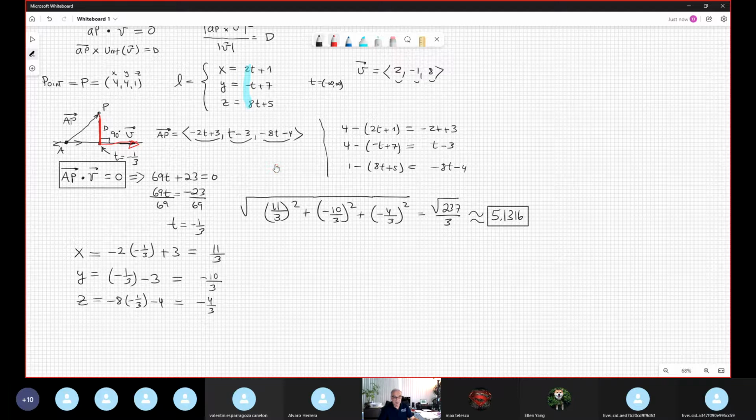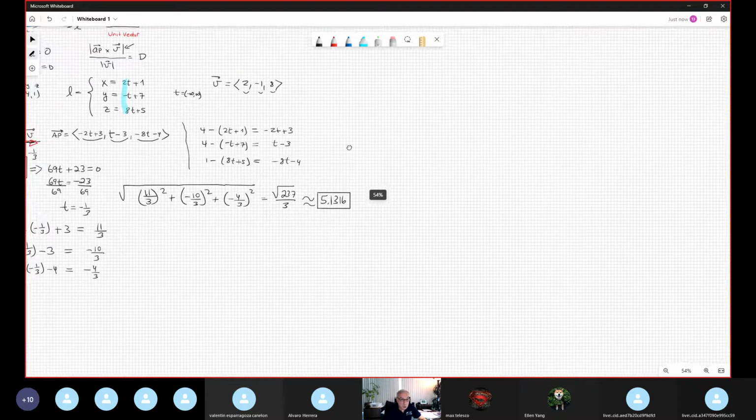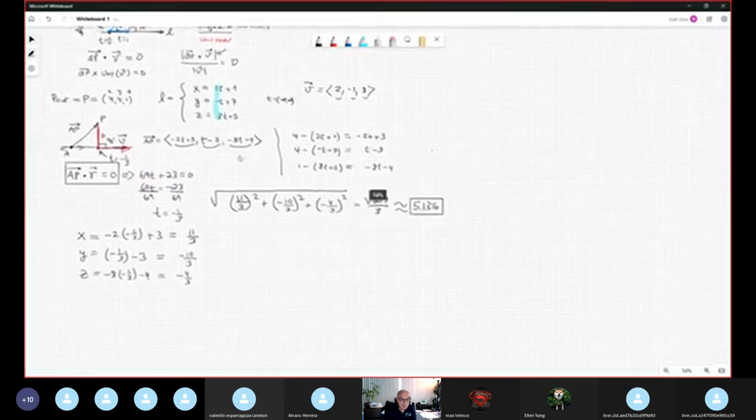This idea suggests that we use the vertical projection, and vertical projection involves a cross product.